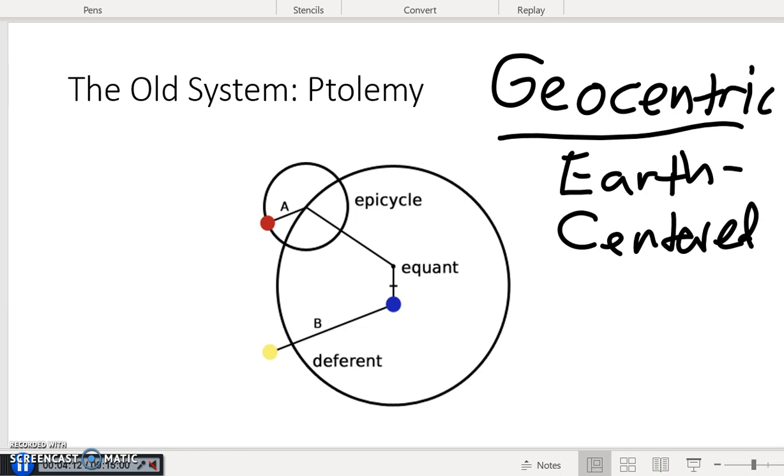So in the old system, the Earth, which would be right here, is essentially the center of the universe, and everything orbits around the Earth.